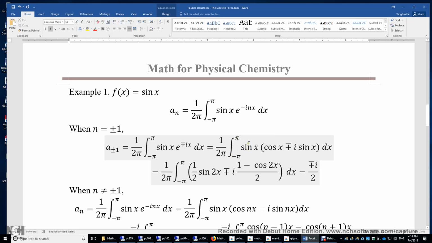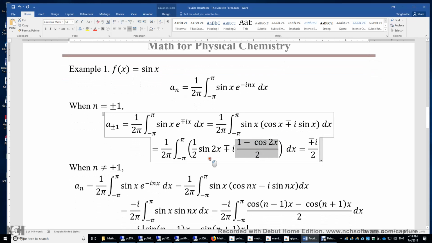Therefore, the integral of sine x times cosine x is 0. We just need to evaluate the integral of this minus or plus i times sine squared x. Sine squared x is this. We can prove this in a different video. And the integral of this part is 0. So what about the integral of cosine 2x? It's also 0 because the integral of cosine 2x is sine 2x over 2.